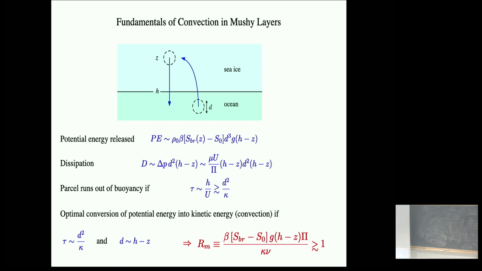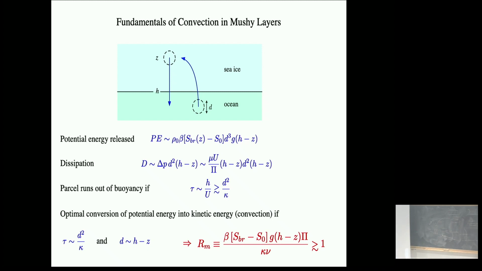Okay? So if our time scale, which is the distance moved over our velocity scale, is bigger than the diffusion time, this is our rate of loss, the rate at which we're going to lose our buoyancy on that diffusion time scale.